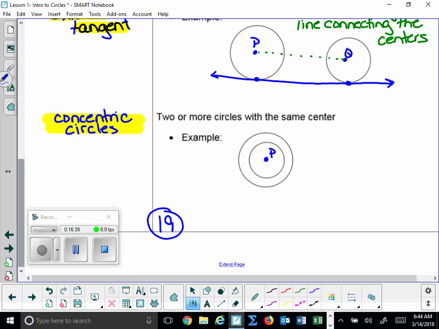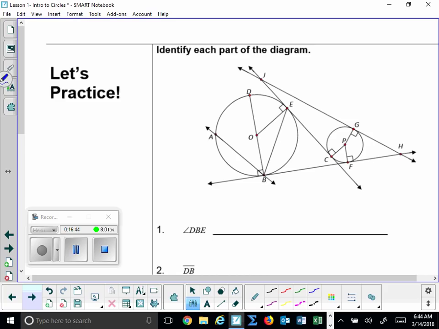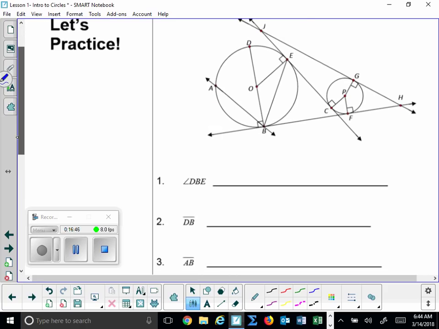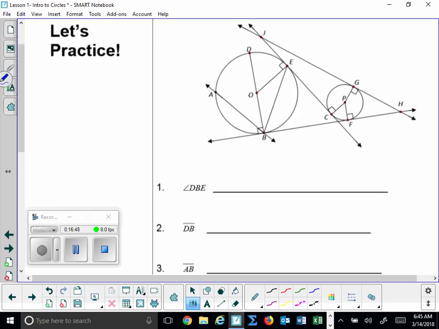All right, let's actually practice some of this vocabulary. That would be useful. We have this beautiful diagram here, right? I have circle O, which is the really big circle. I have circle P, which is the small circle. I've got all kinds of chords and lines and angles going on.